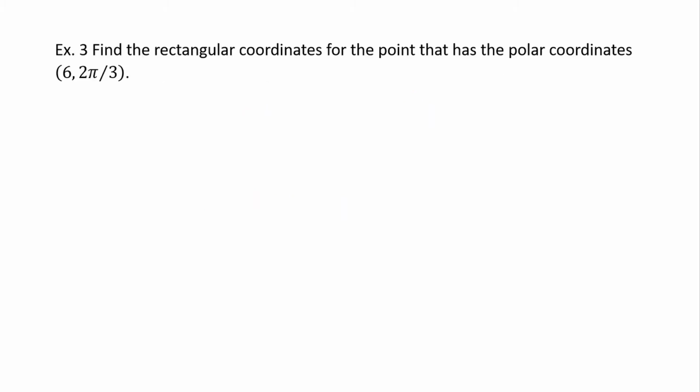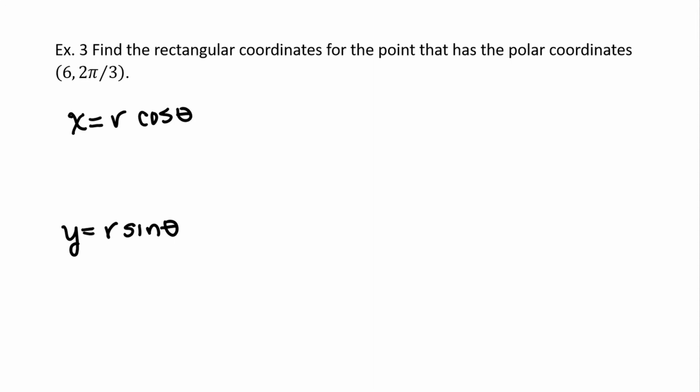Find the rectangular coordinates for the point that has the polar coordinates (6, 2 pi over 3). The formulas we have are to find the x, that's equal to r times cosine theta, and to find the y, that's equal to r times sine theta.